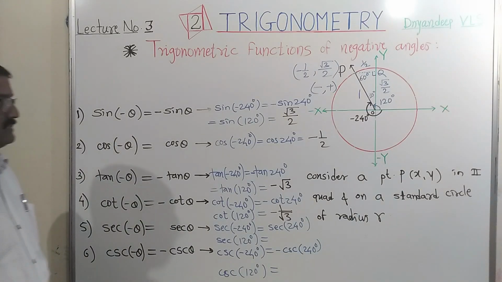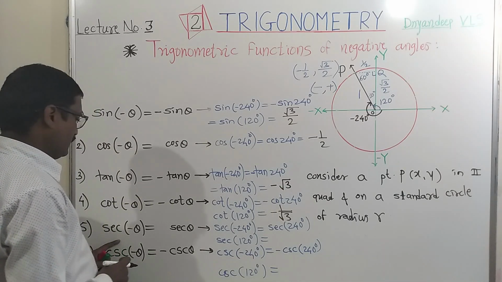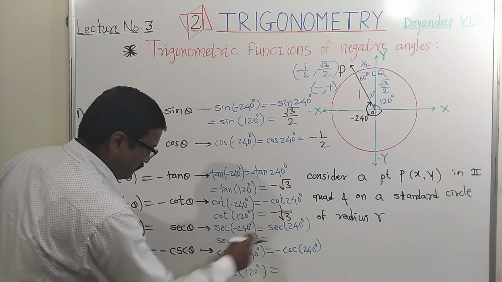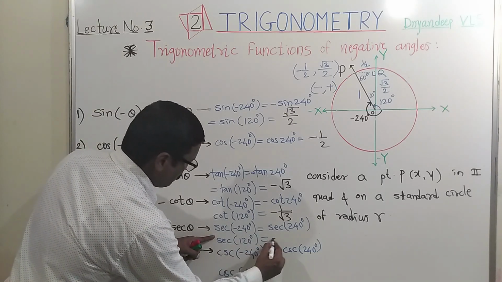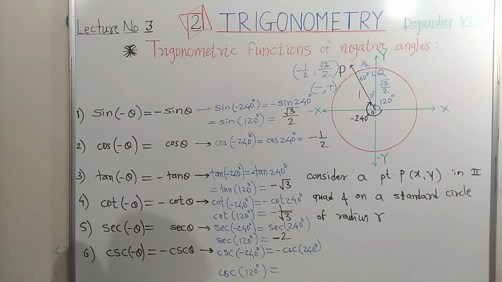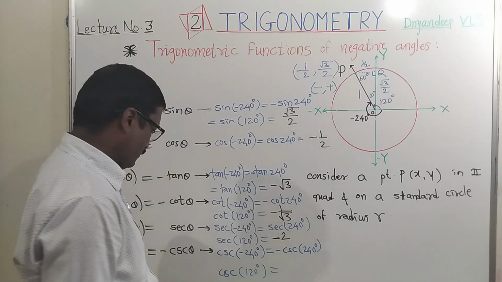That cot 120 is nothing but cot of 90 plus 30. Then sec of minus theta is sec theta. It is sec minus 240. Similar results are here, and the value of this sec is nothing but minus 2. Sec of 120 is minus 2. It is the reciprocal of this cos. So its value is minus 2.